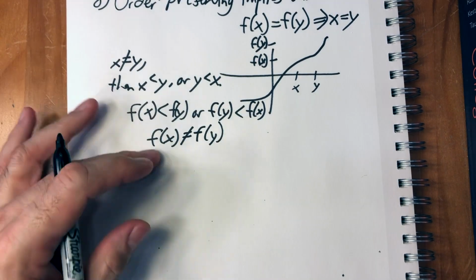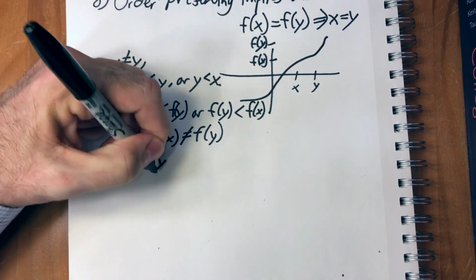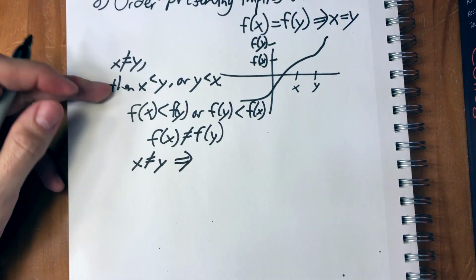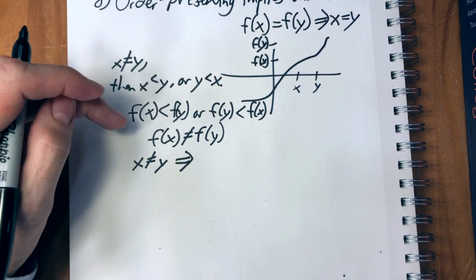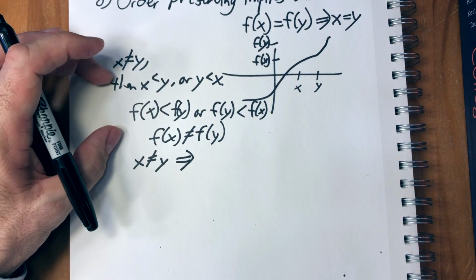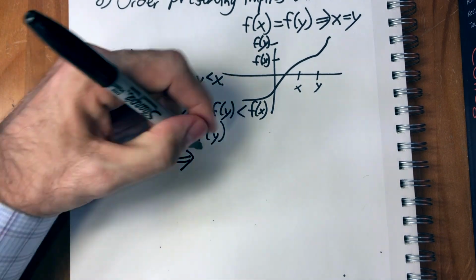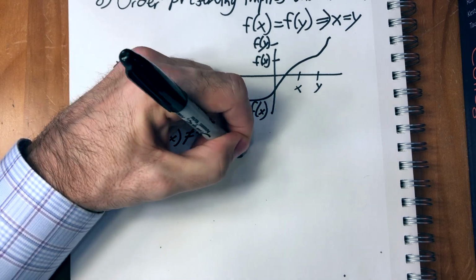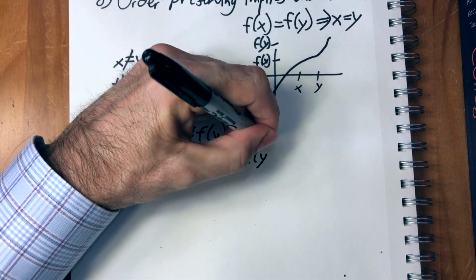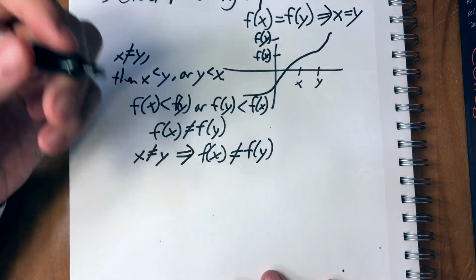So what we did here is, using order preserving, if x is less than y, then f of x is less than f of y. But if this is true of the function, then we showed that x not equal to y implies that f of x does not equal f of y. This is the contrapositive of what we normally do.